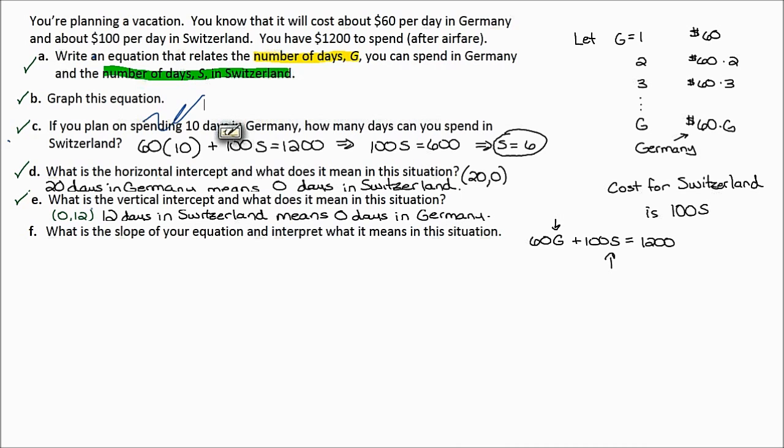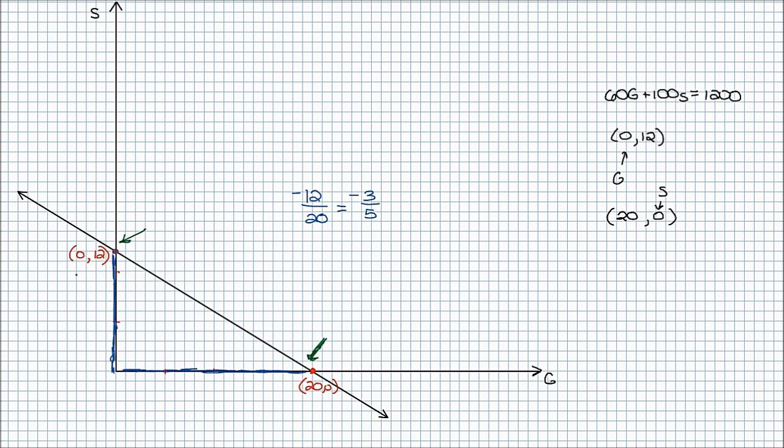But what does it mean in this situation? Remember, it's a rise over run. Let's look at the picture here. We fell a certain number of days and ran a certain number of days. Now let's write down what the vertical variable represents right here. I'll write it in red so that it really stands out. The vertical variable represents days in Switzerland.